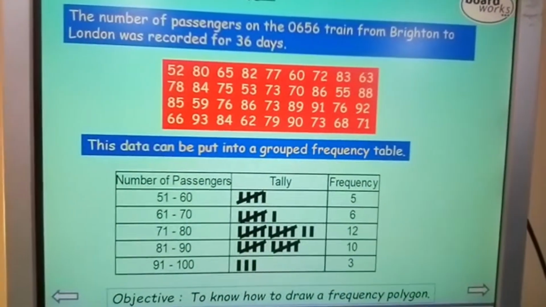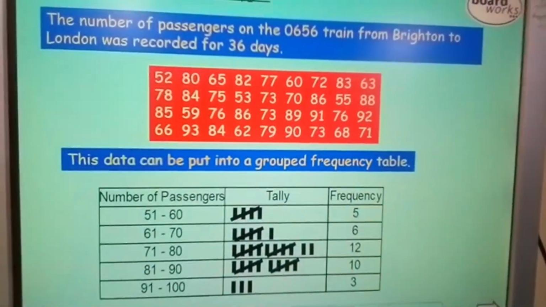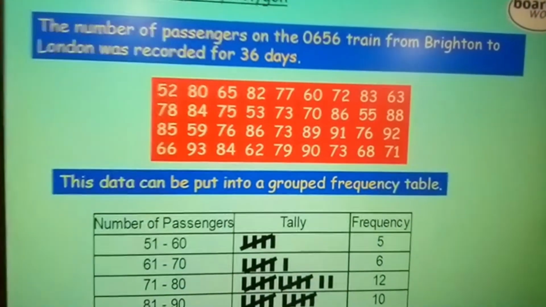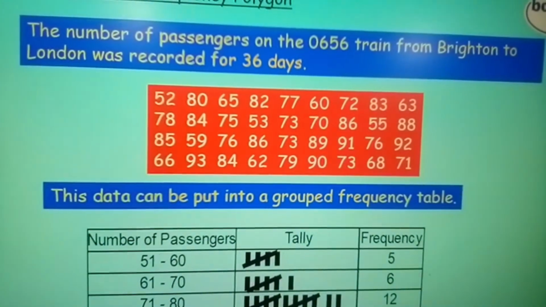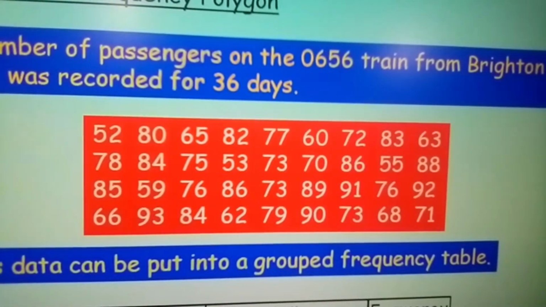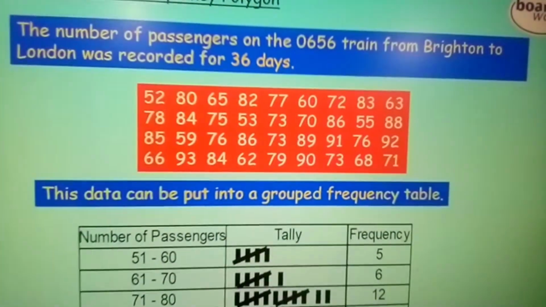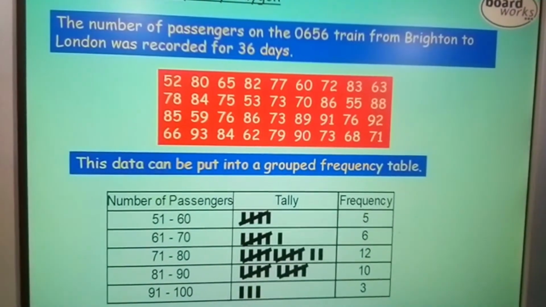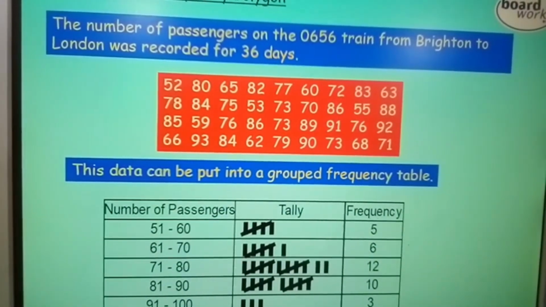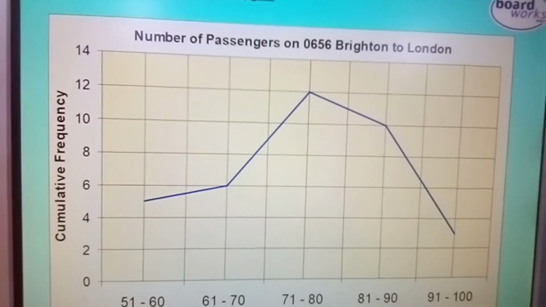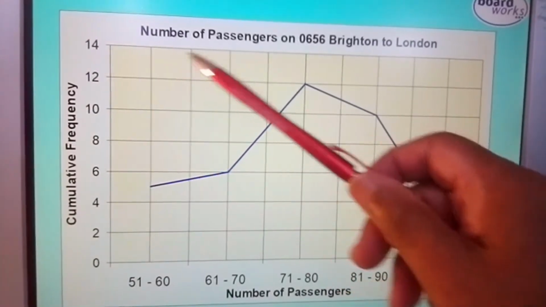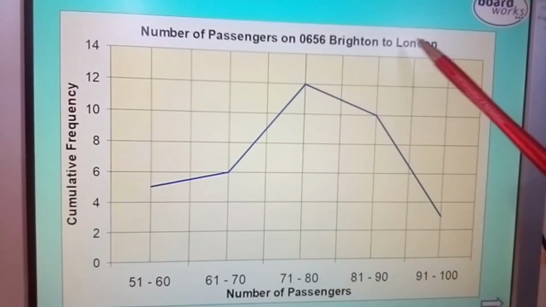Now make sure that you can see the data for itself, because the data is what you will actually need to carry out your calculations and draw your relevant graphs too. So here we have now plotted our graph, example frequency polygon, number of passengers on the 0656 Brighton to London.